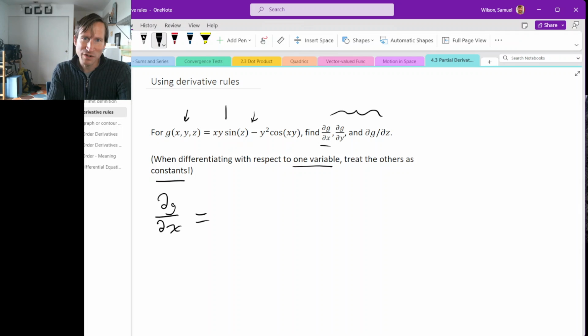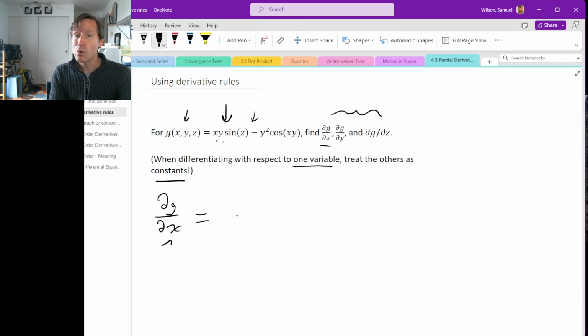So let's take a derivative of x y sine z. Now we're taking a derivative with respect to x, so you might be tempted to use the product rule because this is x times y times sine z, and you could use the product rule, but since we are taking a derivative with respect to x, y and z act like constants.